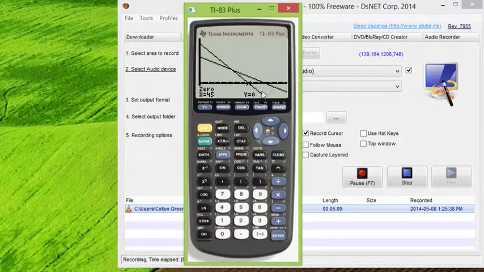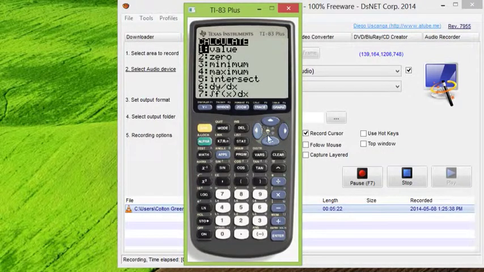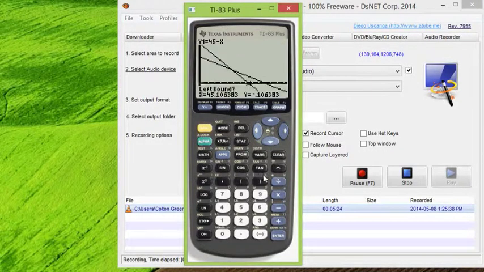Pause the video for a moment and see if you can find the x-intercept for that other line. All right, so to find the x-intercept for the other line, we press second trace, and again we go down to 2. You can notice that our cursor is still on the line for the larger bin. So to make it go to the line for the smaller bin, you can press up or down, and you'll notice that this equation up here changes.